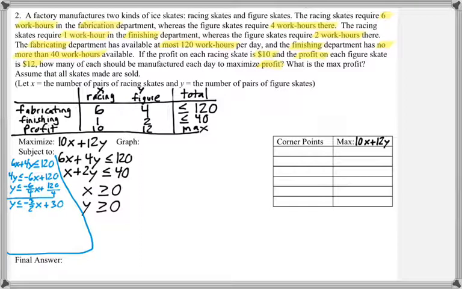So this is one of my lines. And then the other one, x plus 2y is less than or equal to 40.